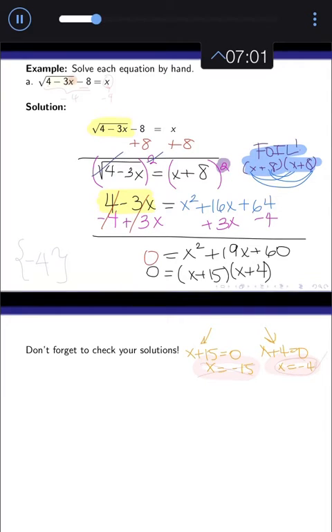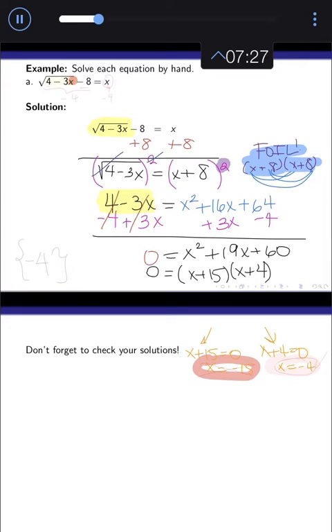Now be careful. You can't just say these are your two answers. You actually have to check them. Remember, whenever we have an even root, we have to check our answers by plugging them in. Plugging in the negative 15 first, it gets multiplied by a negative 3, which gives us 45.